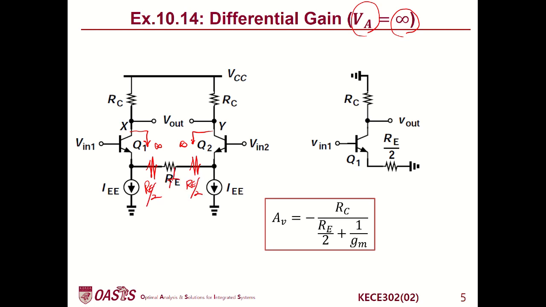Of course, to make this symmetrical, it is very important to have the two values be the same. Then you can convert it into a single-ended amplifier, and the overall gain will be, the numerator is the output impedance from output to AC ground, and the denominator is given by 1 over 2 RE plus 1 over GM. So you got this value.